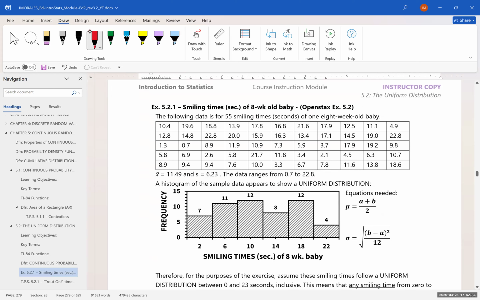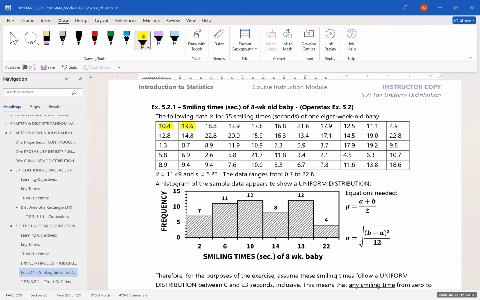In this example, we're looking at the smiling times in seconds of an 8-week-old baby. The following data is from 55 smiling times of one 8-week-old baby. Here it took 10.4 seconds for the baby to smile.